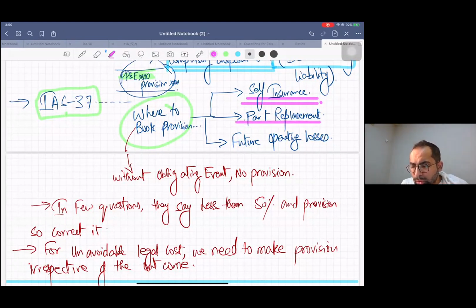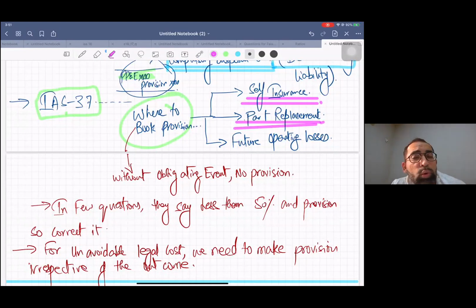Then no more provision for part replacement. For example, you bought a big machinery or a ship today, and there is a spare part in that ship or aircraft which you need to replace after every 3 years. Can we book provision for that part replacement?